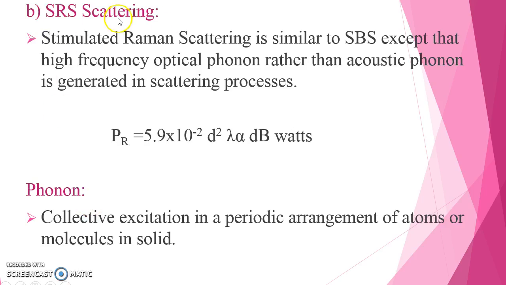Next, SRS scattering. Stimulated Raman scattering is similar to SBS except that a high frequency optical phonon rather than an acoustic phonon is generated in the scattering process. PR is equal to 5.9 into 10 power minus 2 d square lambda alpha watts, where a phonon is a collective excitation in a periodic arrangement of atoms or molecules in solids.